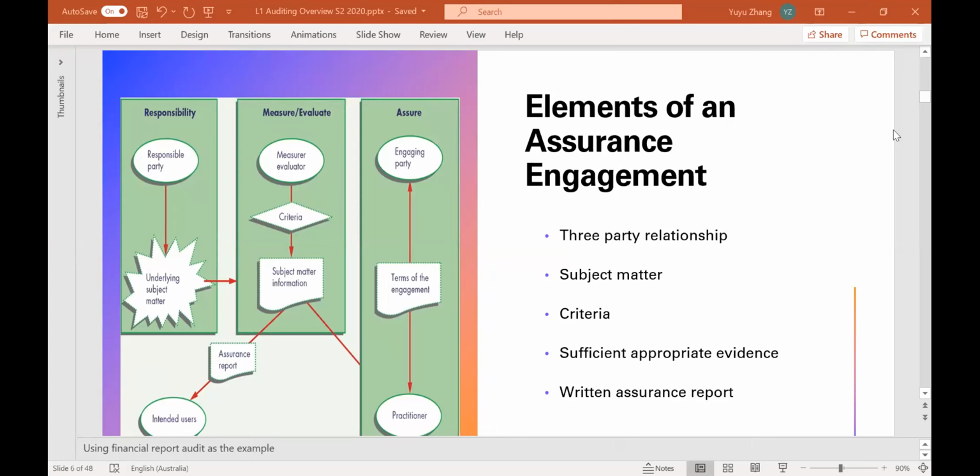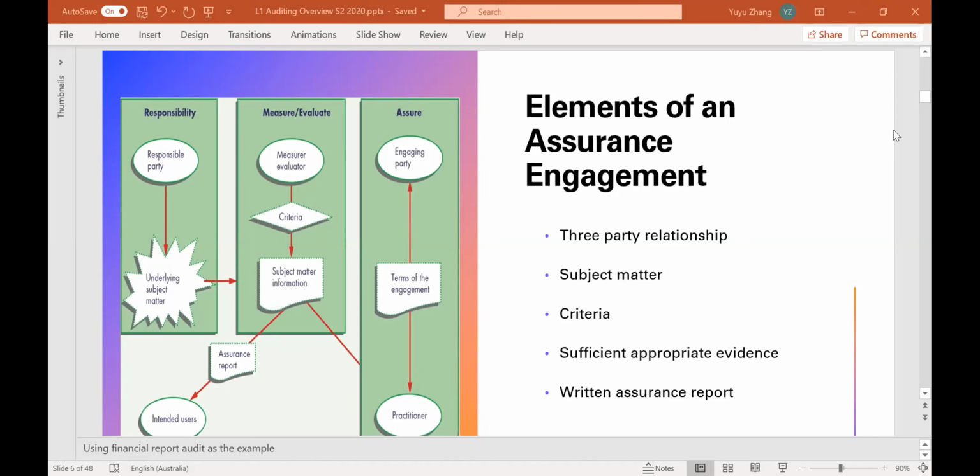As a manager, I have the responsibility to report those financial positions and performance in written form in the financial statement. So in that way, I report on the subject matter and summarize it into subject matter information.